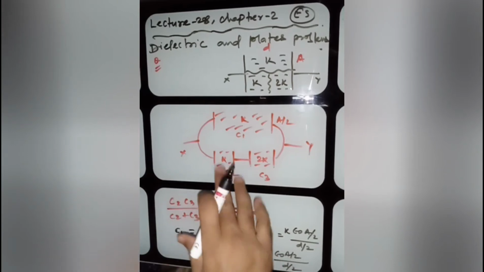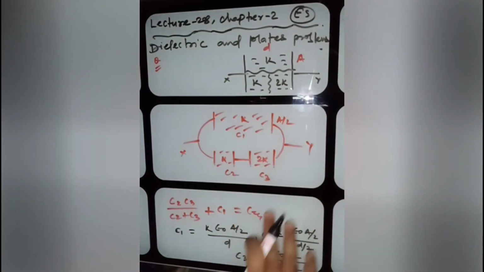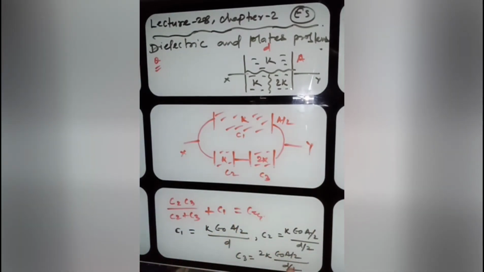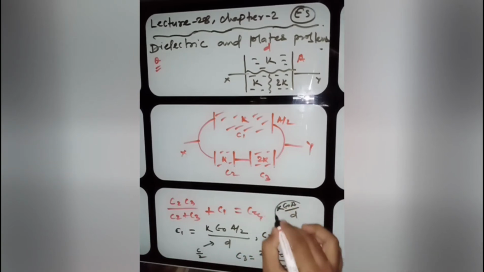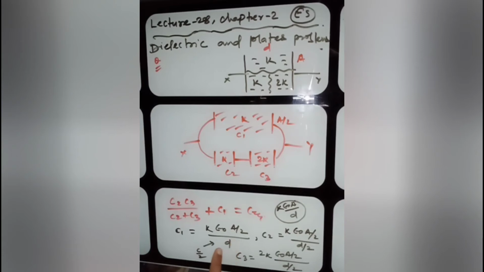Remember, you should be very smart while calculating. You don't have to put in all the values. You have to simplify this one. For example, I'm telling you, this K epsilon naught A by D, suppose it is C. Then what will be C by 2? This 2 will be in the denominator, so it will be C by 2.